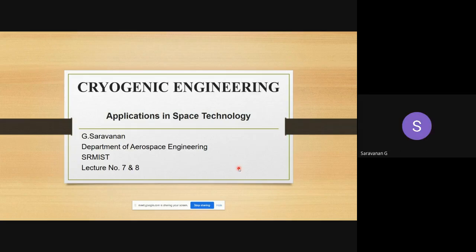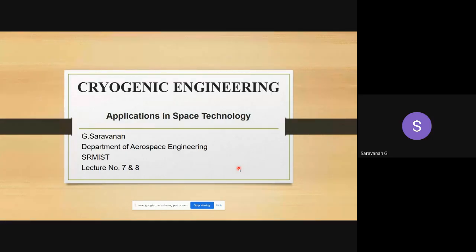So today's topic is the last topic of unit one, applications in space technology, cryogenic applications in space technology. We have already discussed the basics of cryogenics and the various examples, like liquid oxygen, liquid hydrogen, liquid nitrogen, and liquid helium gases, and their mechanical, physical, and electromagnetic properties.